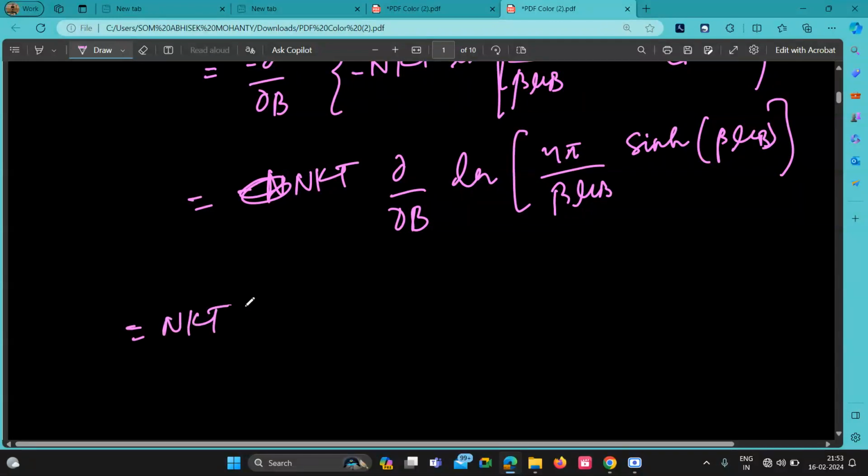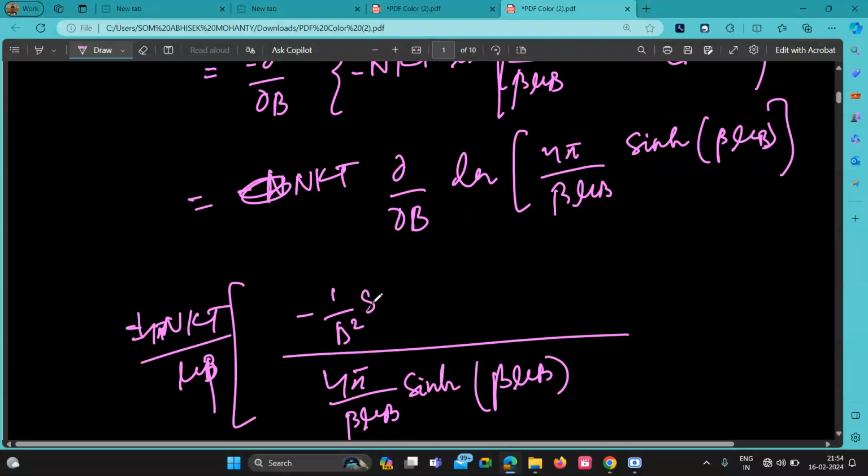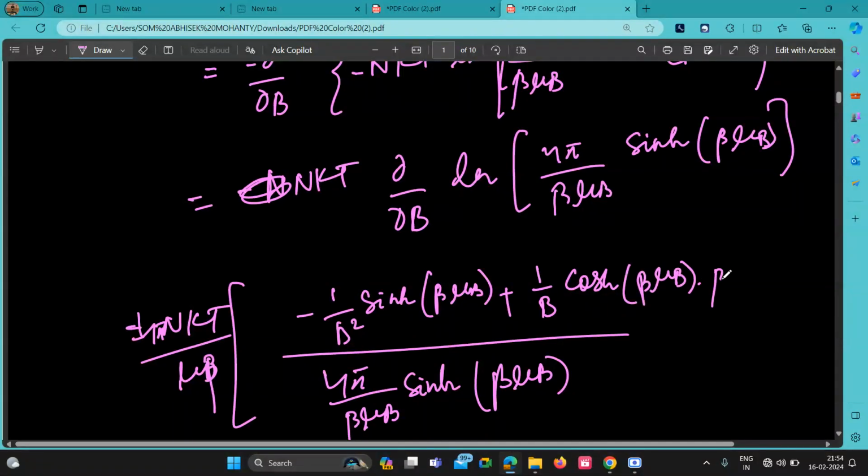So NKT times the derivative of this one: minus 1 by T square sinh beta mu B plus 1 by T cosh beta mu B into beta mu. This is all right.